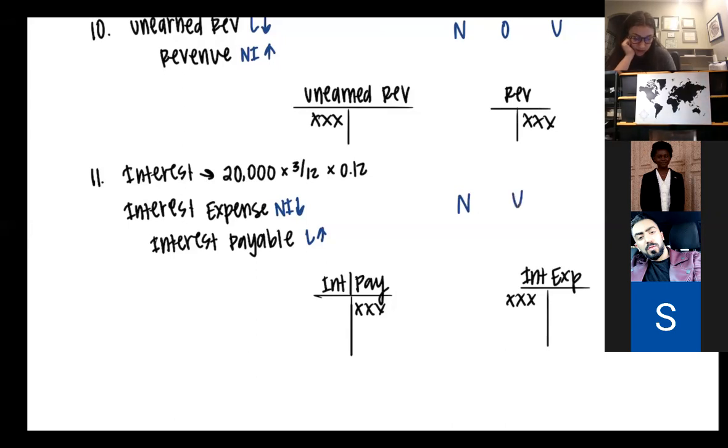So our liabilities are understated. And our expense was never recorded, so our net income was overstated. Everyone good on this one? Yeah, I am.